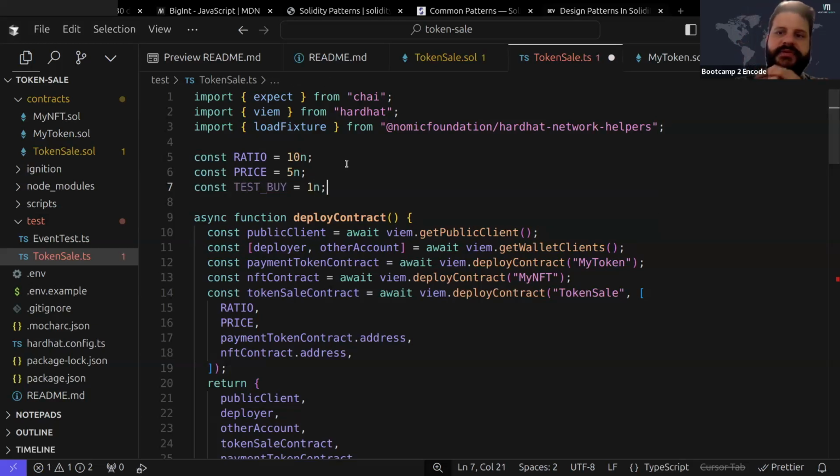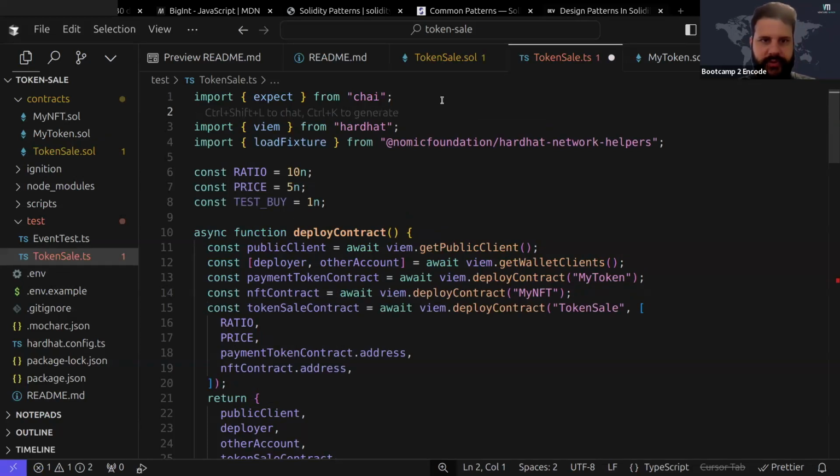Is this the correct way to specify 1 ETH? Let's see if you remember. No, right? I need to use formatEther or parseEther. So I'm going to import those two from viem.